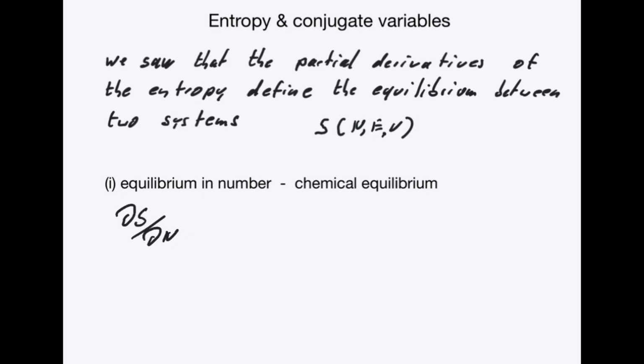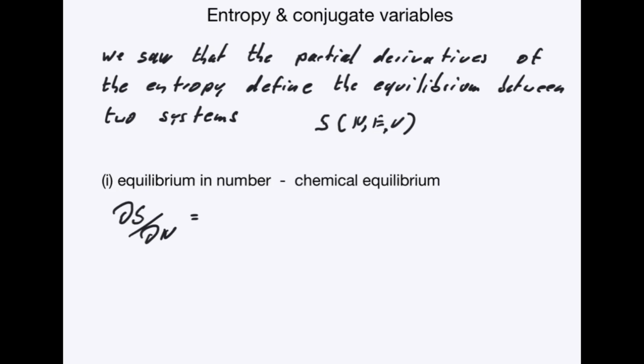The first partial derivative, with respect to the number of particles, describes the equilibrium in the number that we defined as the chemical equilibrium. Let's define this partial derivative as Kb times alpha, where alpha is the affinity.